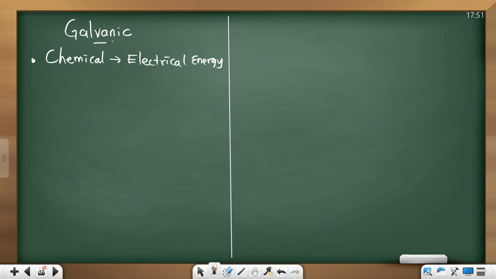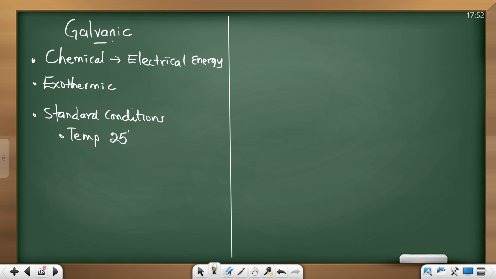What else can you tell me? It is exothermic, right? This must happen under standard what? Conditions. What are your standard conditions? Temperature of 25 degrees Celsius or 293 Kelvin.